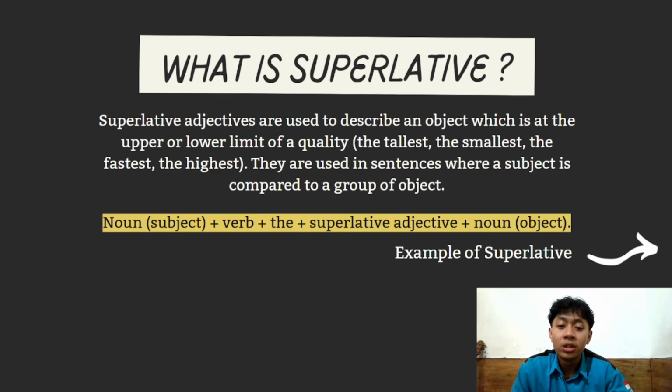They are used in sentences where a subject is compared to a group of objects. So the pattern is noun as the subject, plus verb, plus the, plus superlative adjective, and the last is object with the noun.